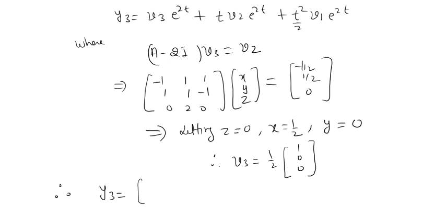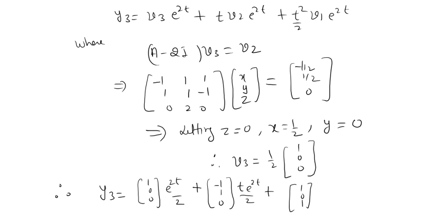So v3 is 1 0 0 e power 2t by 2, then t v2, so v2 minus 1 1 0, t e power 2t by 2, this is t v2 e power 2t, then t square by 2 multiply by v1, so v1 is 1 0 1 and multiply t square e power 2t divided by 2. Okay, so these are linearly independent solutions y1 y2 and y3.